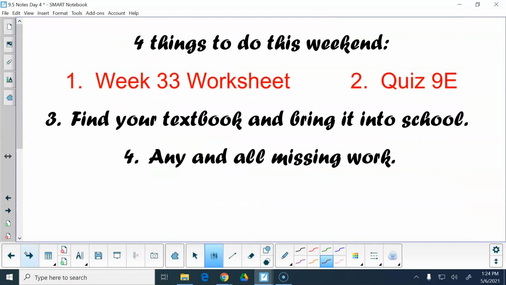So, four things to get done this weekend, four things to accomplish. First off, you've got the purple worksheet, worksheet 30, week 33's worksheet. So that can be done now. Again, you're probably going to need some extra space, another sheet, I should say, to show all of your work for the front side.